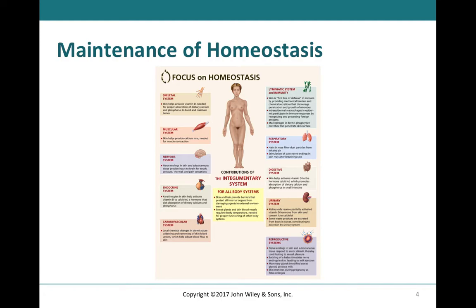The cutaneous sensations that will allow the nervous system to send the signals of touch, pressure, vibration, tickle, and pain. And then your skin is going to help you eliminate waste from the body and then synthesize vitamin D as well.